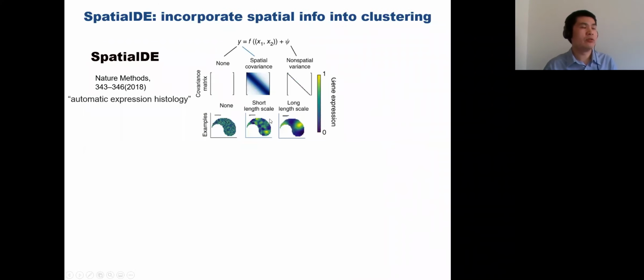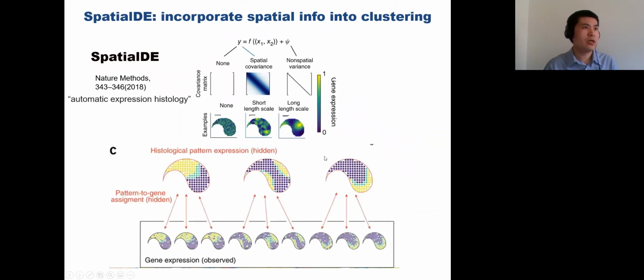But with SpatialDE, you can incorporate the spatial information, so you can turn the previously noisy clustering into very beautiful clustering. Two spots that are spatially close are given more consideration when doing the clustering.